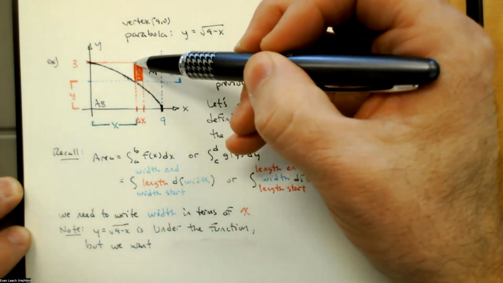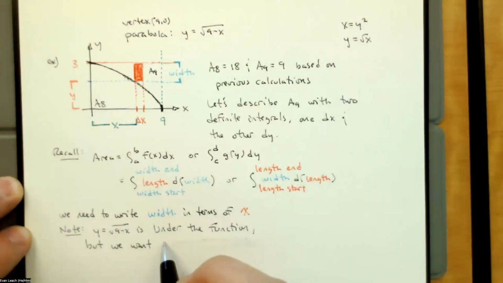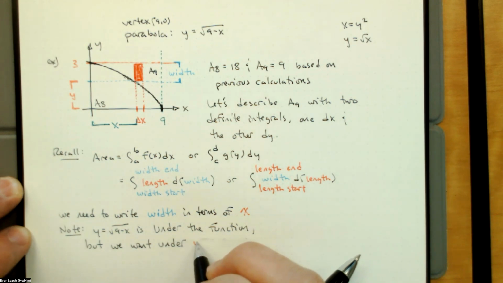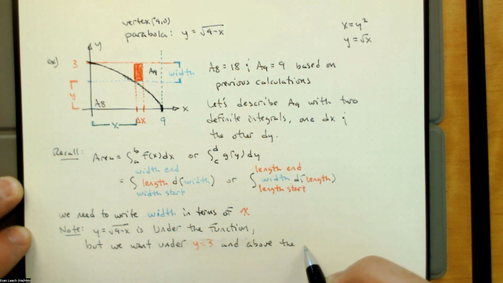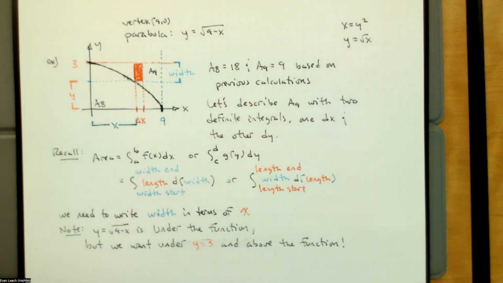We want what's under the 3 and above the function. y equals the square root of 9 minus x is what's under the function. We're not looking for that. We want the width that's under the 3 and above the function, because we are trying to find A9.